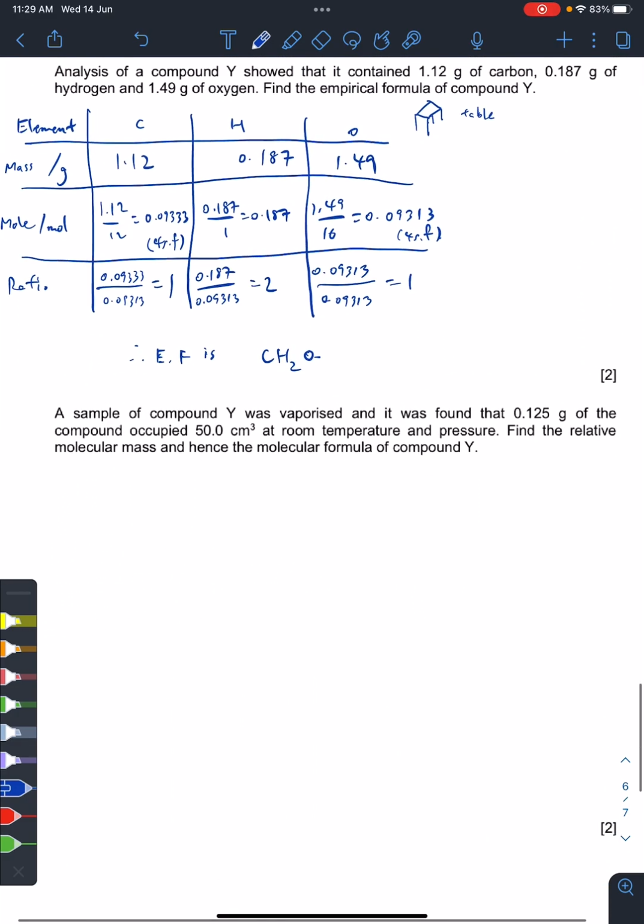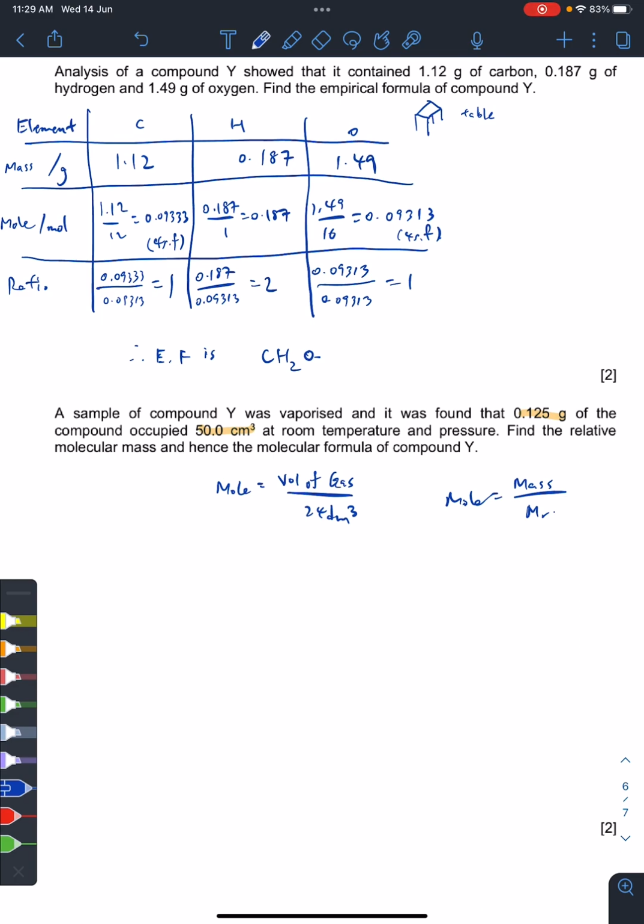So it's actually a continuation. Let's look at the numbers. I have two numbers here. They give you numbers, they expect you to use them. So the formulas here are: mole equals volume of gas over 24 dm cube, and mole equals mass over Mr. They say find the Mr and hence the formula.